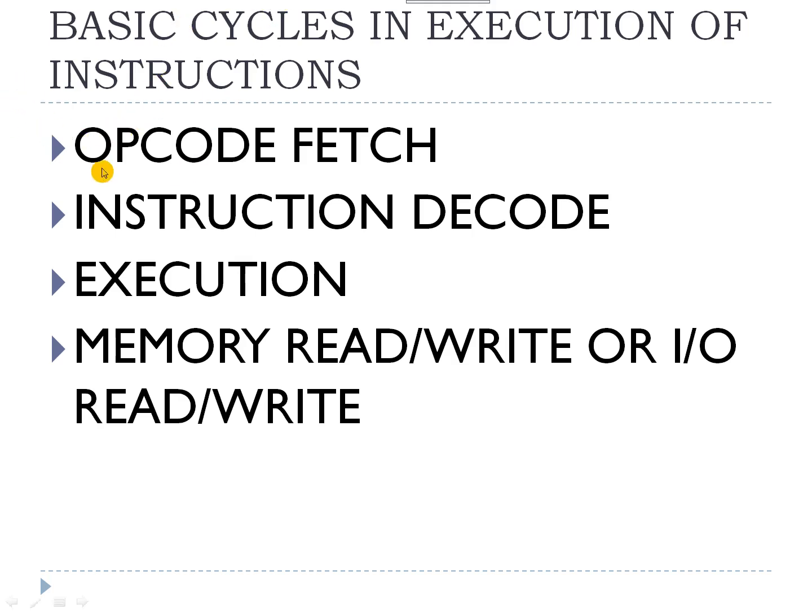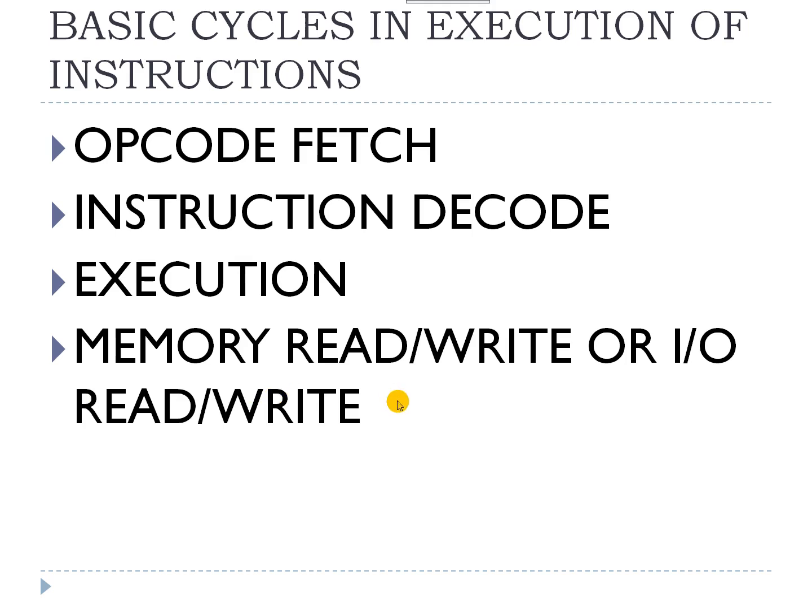You can see that the instruction decode and execution are multiplexed inside the opcode fetch itself. We will see this in the upcoming slides. And the memory read or write, input output read or write, are multiplexed in different separate cycles.